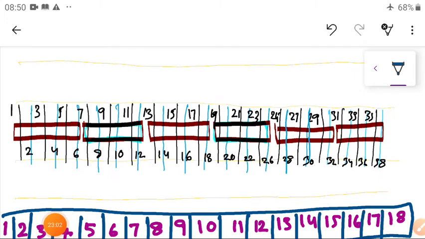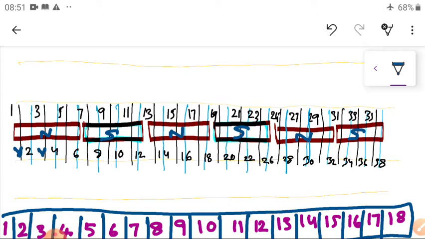Now dear students, indicate the current directions in each conductor. Okay, this is the north pole, this is the south pole, north pole, south pole, north pole and south pole. In north pole we are assuming that current is coming downward.